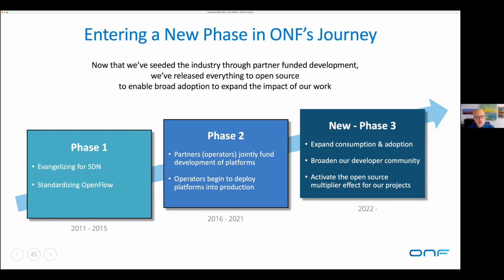So with today and with this remarkable moment and what we've managed to open source this month, we believe we're entering a new phase in ONF's journey, a phase to really expand consumption and adoption, a phase where we want to focus on broadening our developer community and on activating the open source multiplier effect for our projects. So we're really excited. We think that we've reached a natural milestone in the journey towards open networking. We've achieved results that honestly exceeded maybe our initial expectations. And we think there's lots more to come.